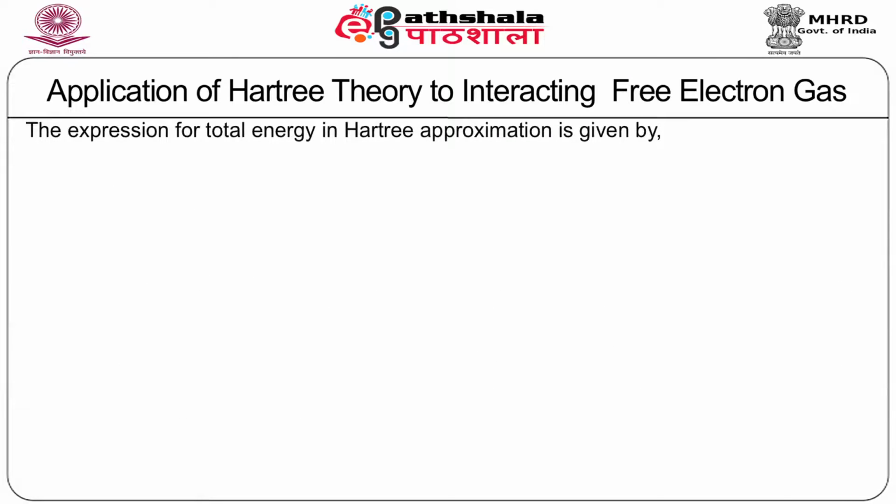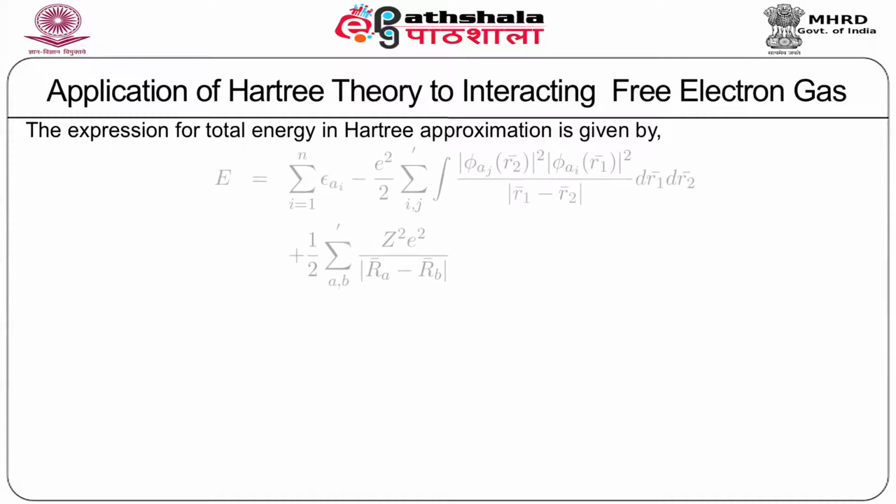The expression for total energy in the Hartree approximation is given by the following expression, which has three terms.